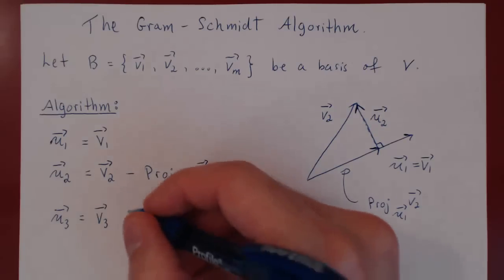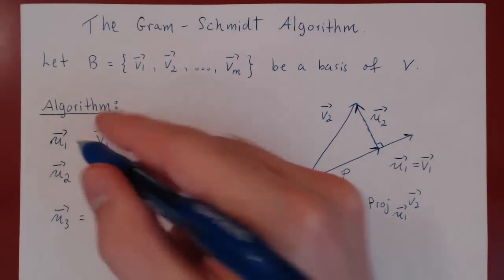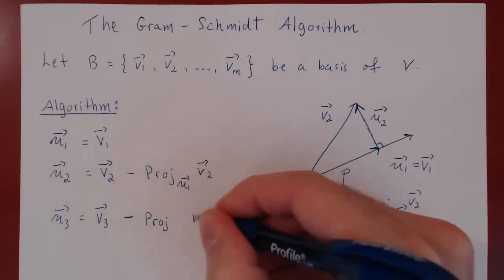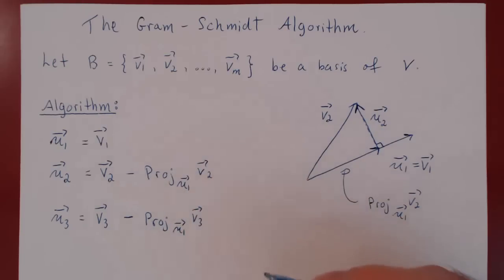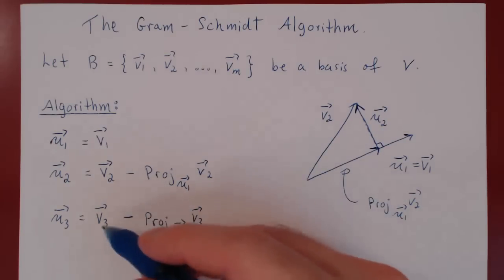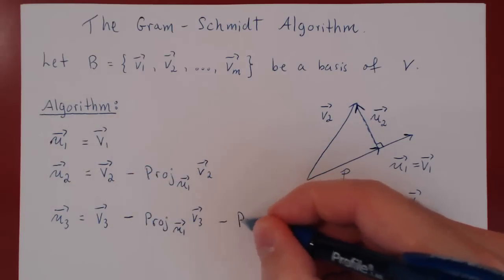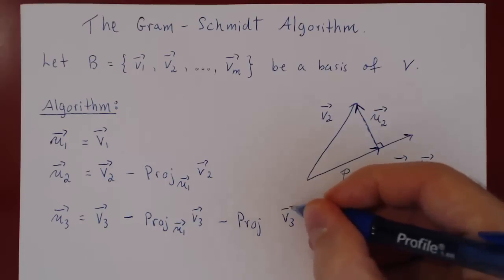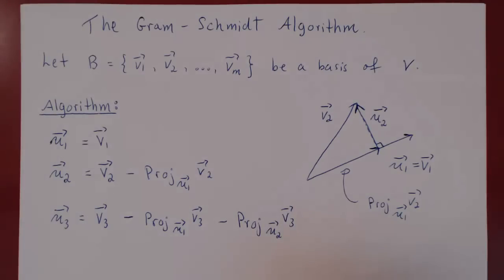So remove from v3 its component along u1, but that is just a projection of v3 onto u1, and also remove the component of v3 along u2, and that is again the projection of vector v3 along vector u2.